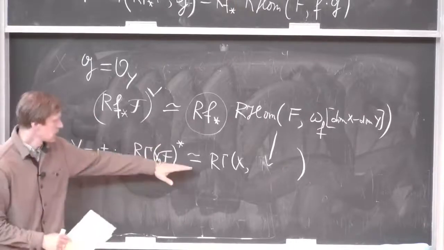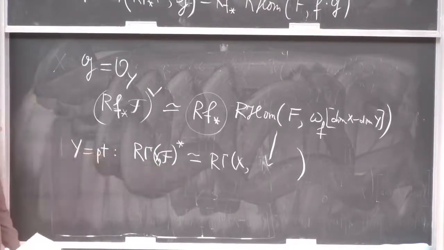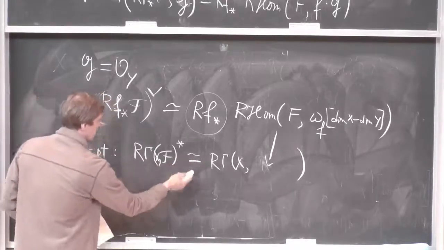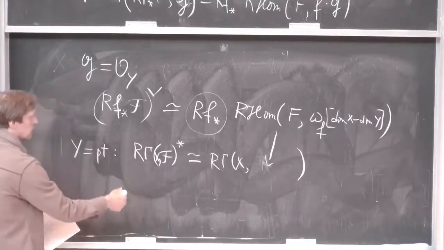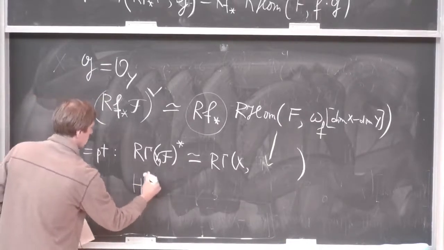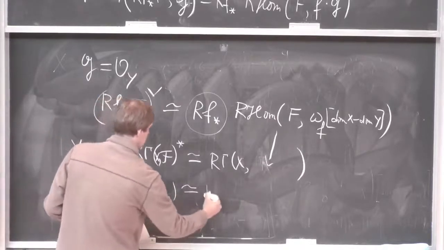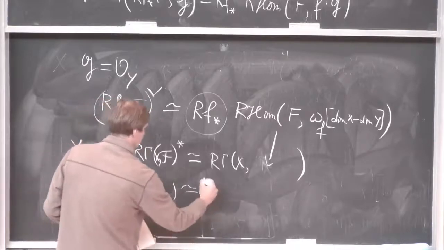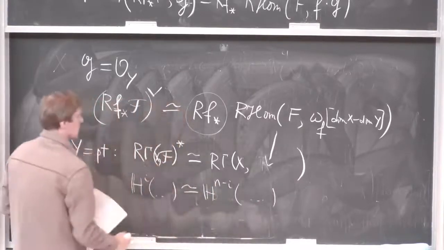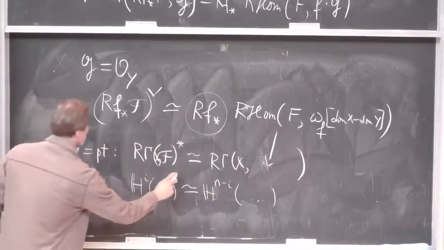So this isomorphism is happening in the derived category of a point, so just the derived category of vector spaces. Here, this isomorphism is equivalent to just an isomorphism on every cohomology. So I pass to cohomology, and I get the usual isomorphism between H^i of this and H^(n-i) of something else, with dual here.